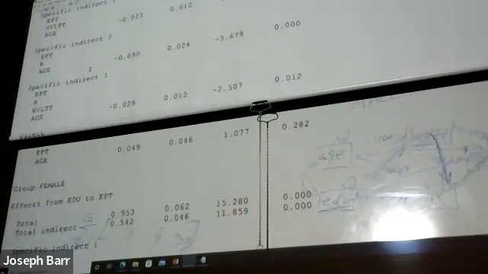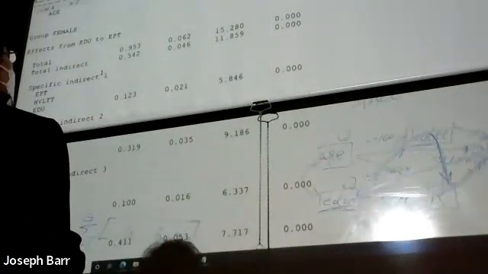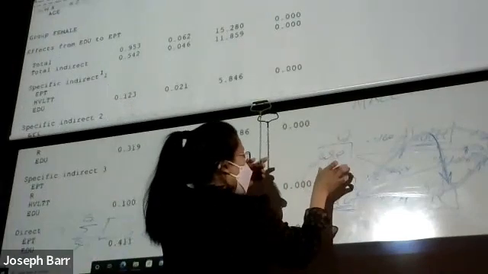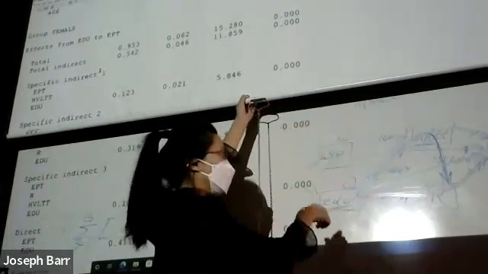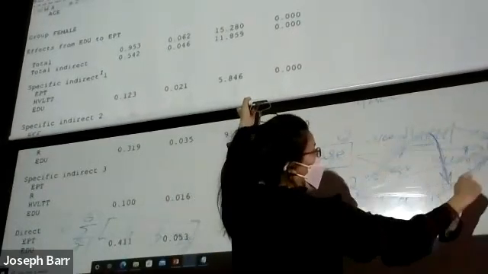Female, yeah, we have the result reported here. Okay, and of course, you can also investigate the age among male and female. So all of these tests will be reported.